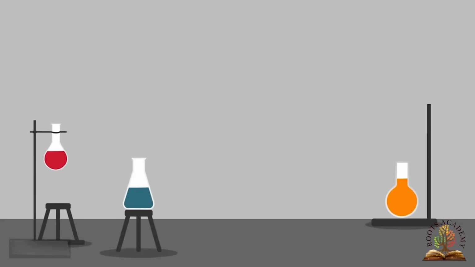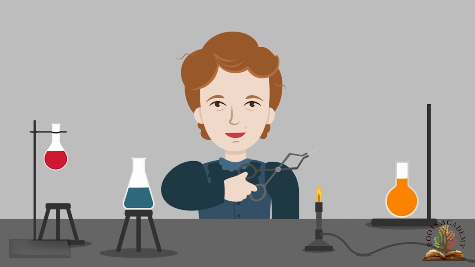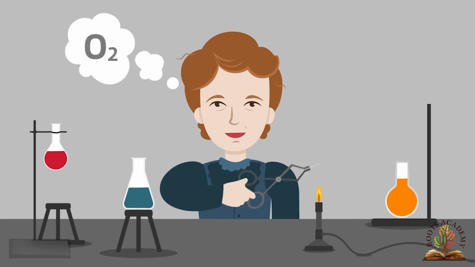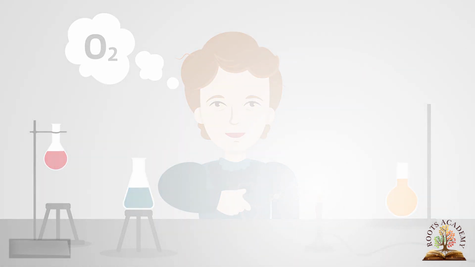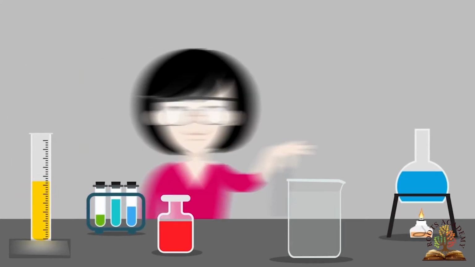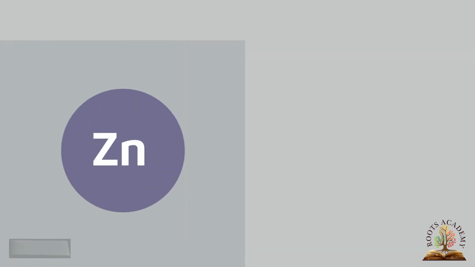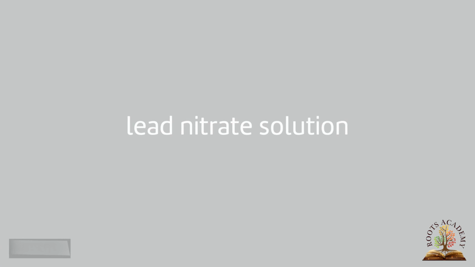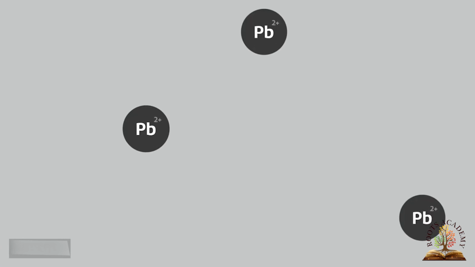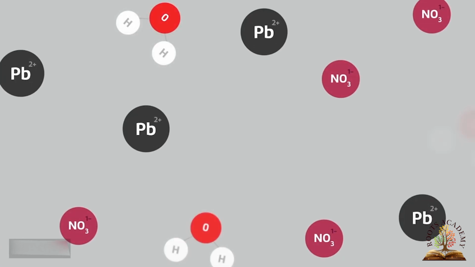Historically, the only oxidation reactions that scientists knew about all involved oxygen. That's why they called them oxidation reactions. But now we know plenty of oxidation reactions that don't involve oxygen, like the formation of lead trees from zinc and lead nitrate solution. The zinc atoms have no electrical charge. Lead nitrate solution, on the other hand, consists of positively charged lead ions and negatively charged nitrate ions moving about in water.